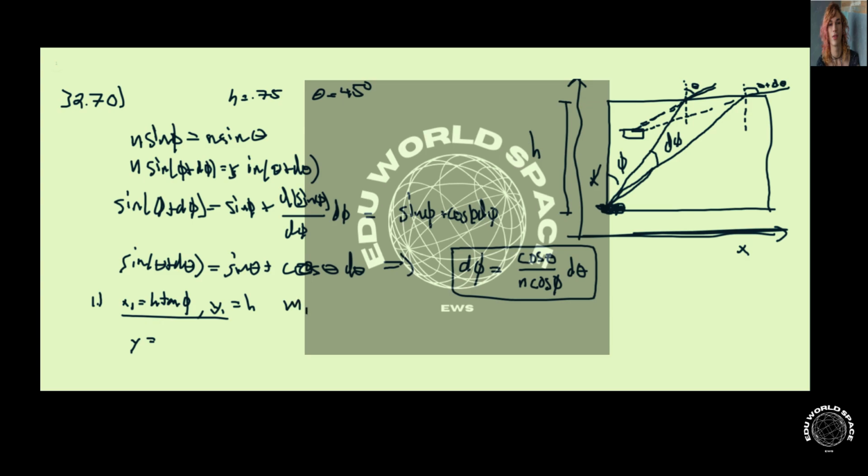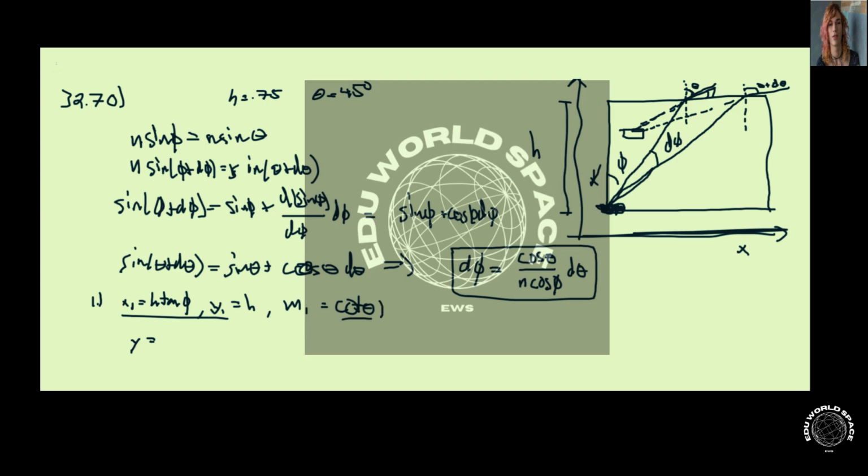So n1, the slope of this line, can be given as the cotangent of theta, because this is the rise over the run here, but we want the other way around, so we take the tangent of 90 minus theta, and that's also the same as cotangent theta.